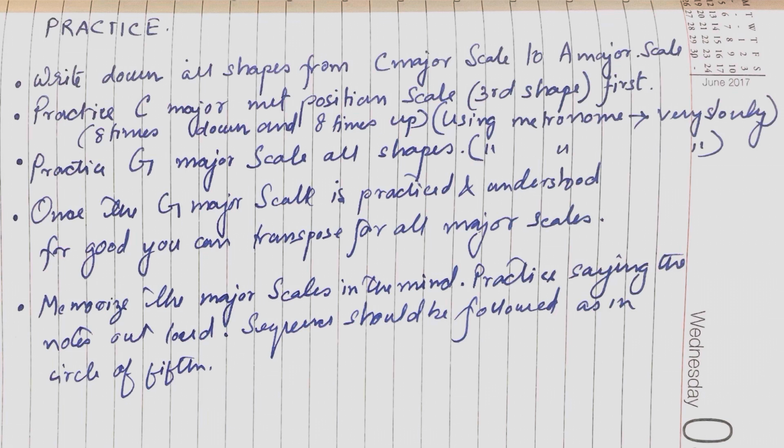And remember that you can transpose the shapes. Transpose means go from one particular shape, let's say a G major scale, you can transpose it 2 frets up to the A major scale. You can transpose the entire shape 2 frets up, and you get the A major scale shape.